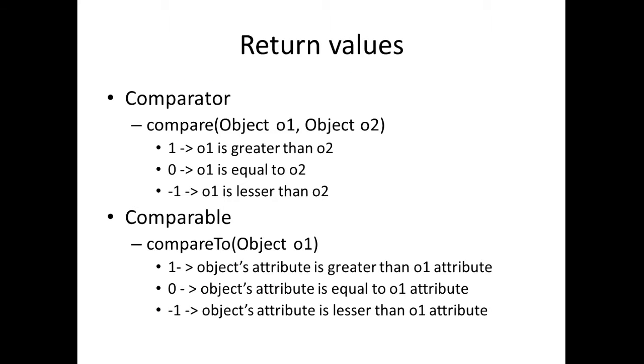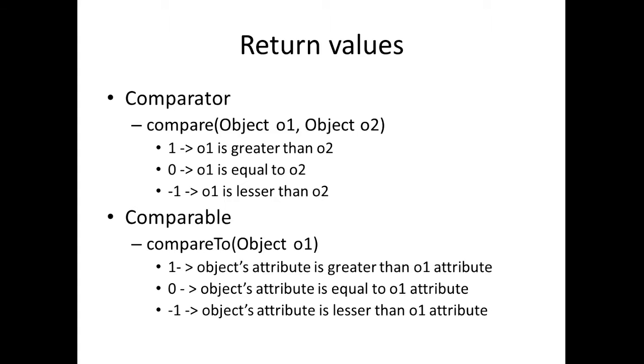Okay, now what I wanted to do here is talk about the return values of the methods in their associated interfaces. First of all, let's talk about the Comparator interface. As I said before, it has a method that needs to be implemented called compare. This compare method is going to take in two parameters, and these two parameters are going to be objects that are going to be compared against each other.